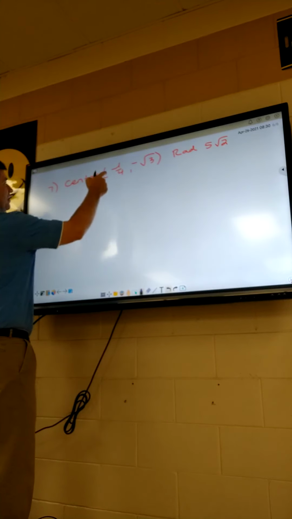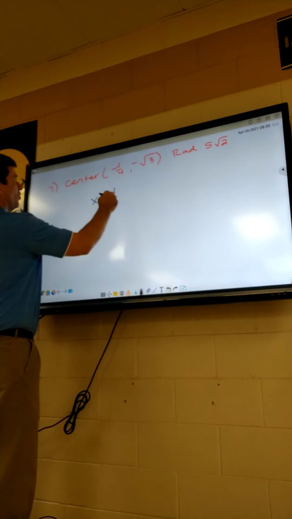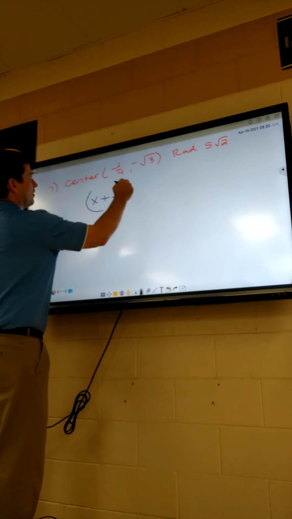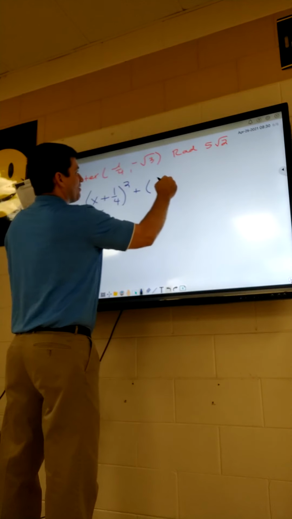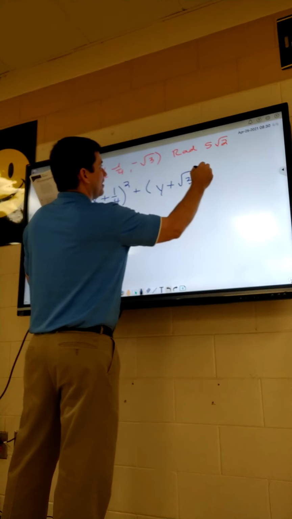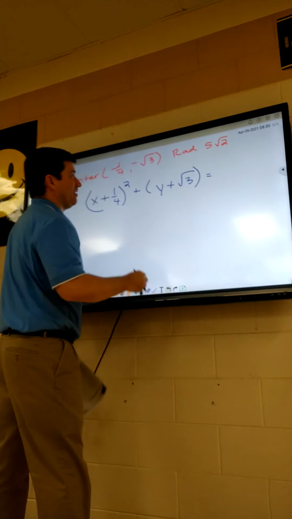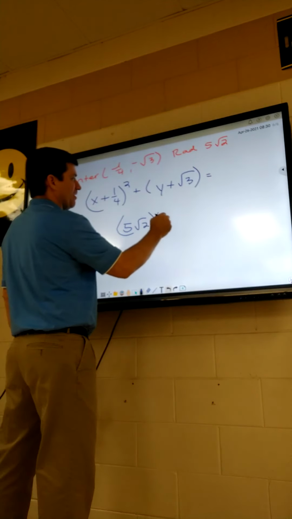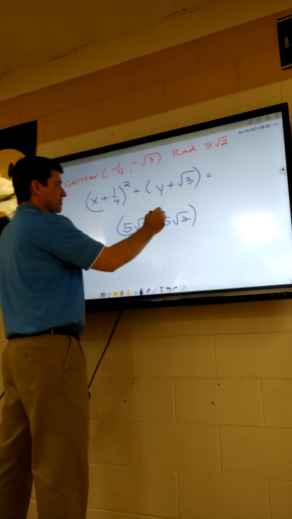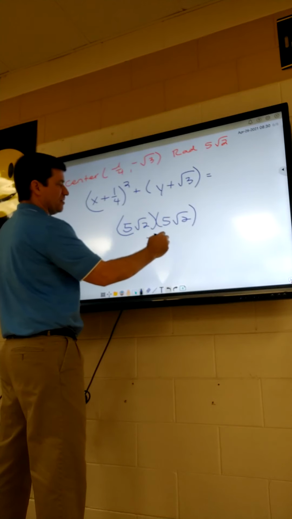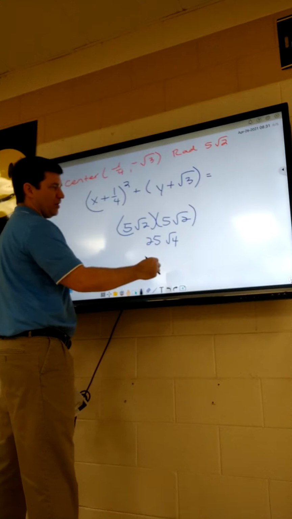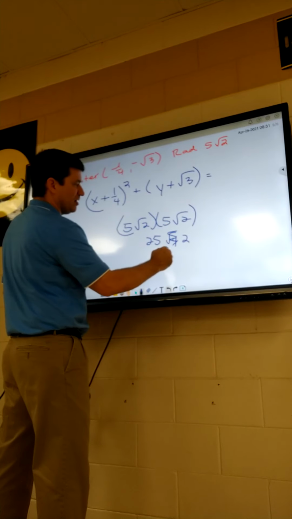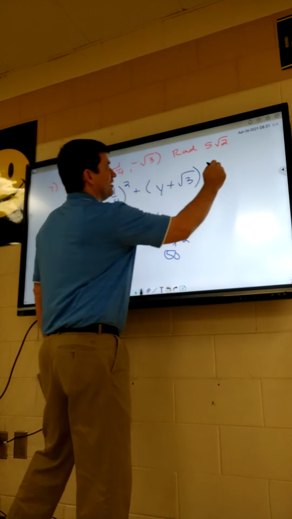All right, so I'm thinking it's going to be x plus 1/4 squared plus y plus √3 squared. Now we got to square the radius. 5√2 times 5√2. 5 times 5 is 25. √2 times √2 is √4, which turns into just 2. 25 times 2, I'm thinking that's going to be 50. Yep.